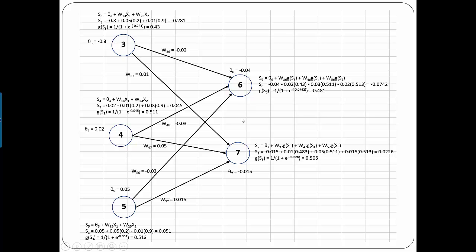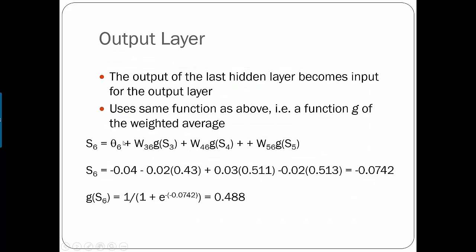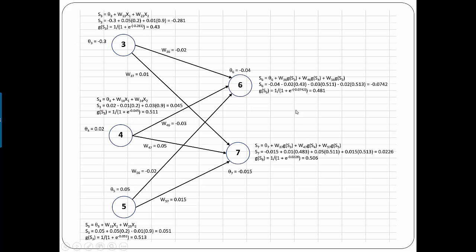So for S sub 6, theta sub 6 plus the output coming out of 3 times its weight, the output coming out of 4 times its weight, and the output coming out of 5 times its weight. Add them up and you get the S function value, S sub 6, and g of S sub 6 you compute using the same formula. In a similar fashion, you compute the output for 7. So now we have output for 6 and output for 7.